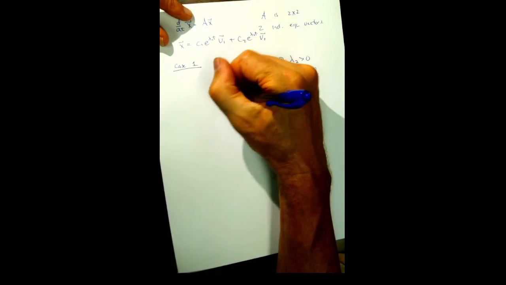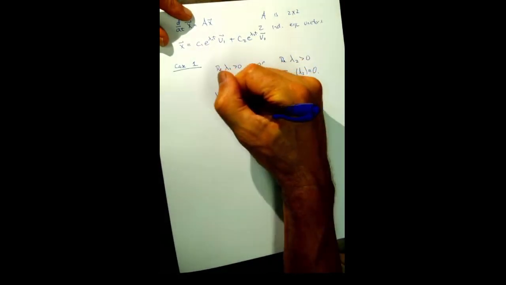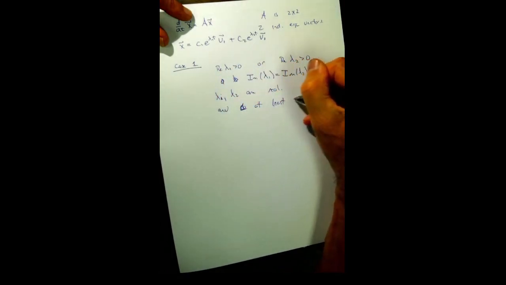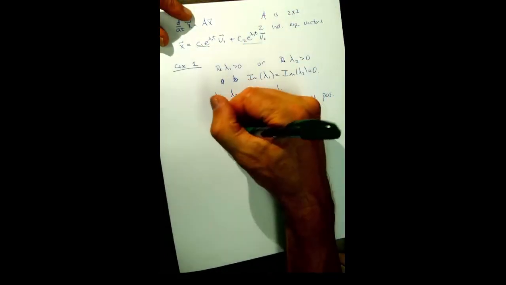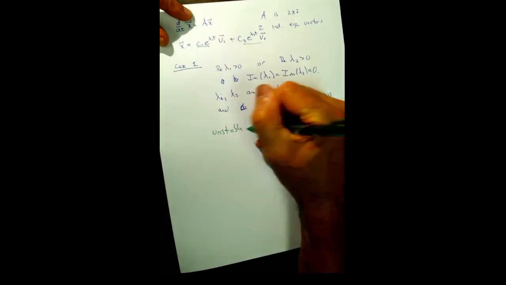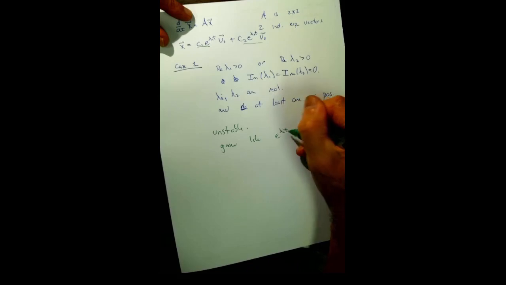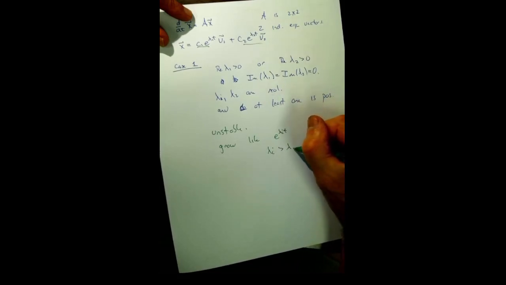So another way to say this is lambda 1 and lambda 2 are real, and be careful, at least one is positive. If that happens, that means at least one of these things is going to grow, and it's going to be unstable, and it's going to grow like e to the lambda i t, where lambda i is bigger than the other lambda. So this is the largest lambda.